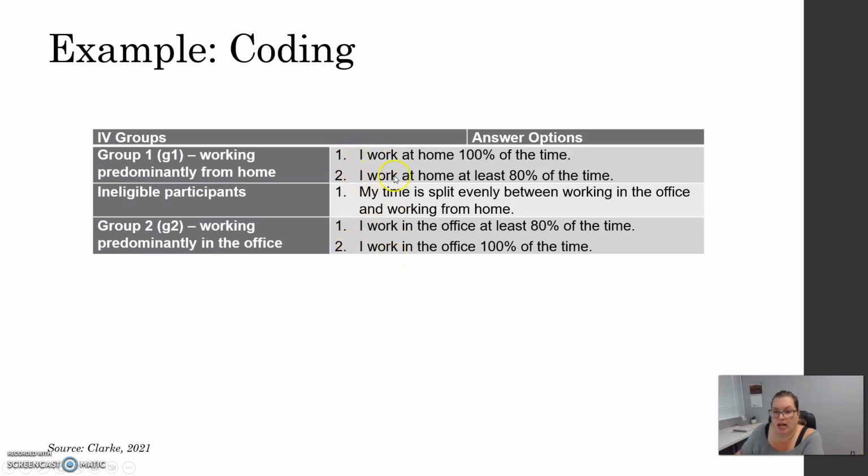If they selected the top two, where they worked at home at least 80% of the time, they were sorted into group one. If they answered the last two, where they worked in the office at least 80% of the time or 100%, they were sorted into group two. And anyone who split their time evenly was considered ineligible. So I grouped these into two groups, and that's how I did my analysis.